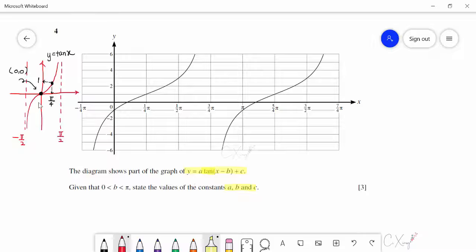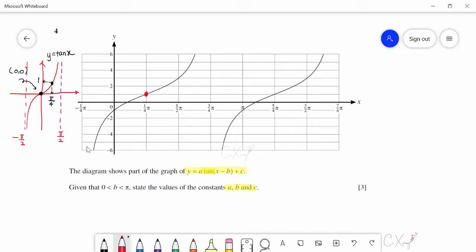So just now I already showed you that the reference point is (0, 0), and this (0, 0) is actually the center of this part of the graph.